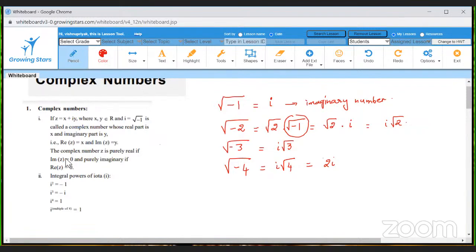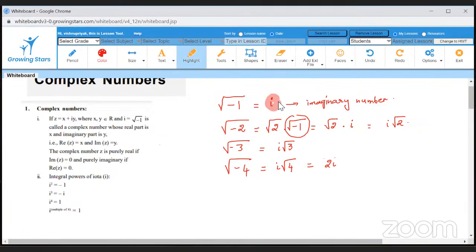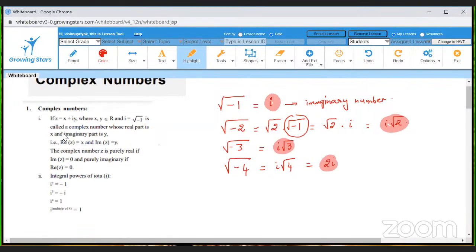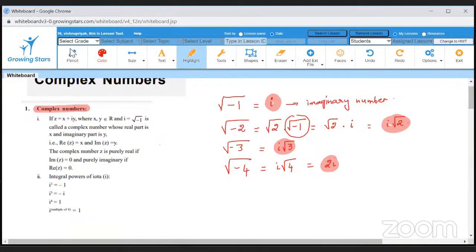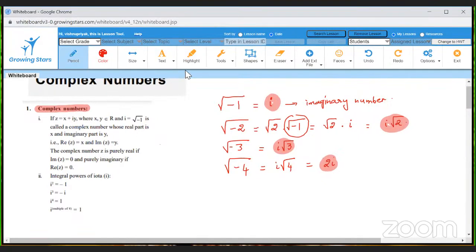So there are some numbers which have i, there are some numbers which don't have i. The numbers which have i, like this, or like this, or like this, these are called complex numbers, which is given here. But there is one standard form of complex numbers.